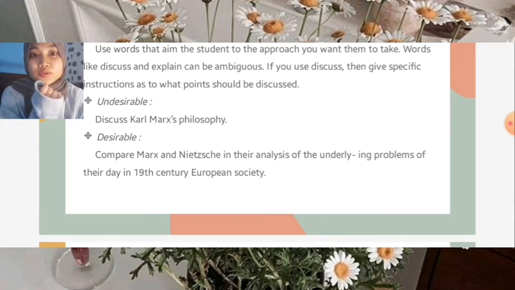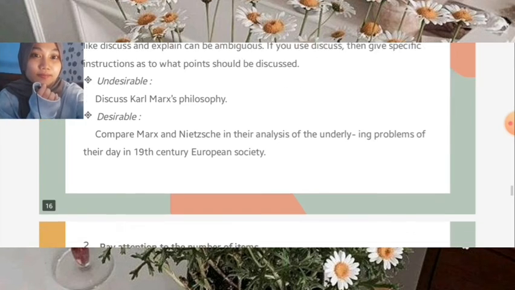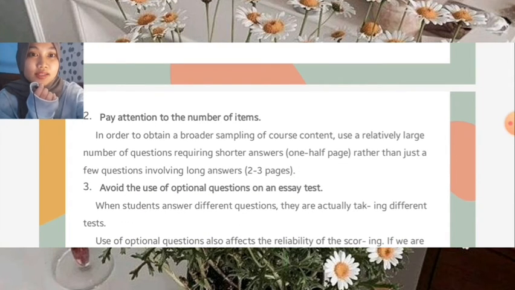There are two examples. The first, undesirable: discuss Karl Marx's philosophy. And desirable: compare Marx and Nietzsche in their analysis of the underlying problems of their day in 19th century European society. And the second, pay attention to the number of items.